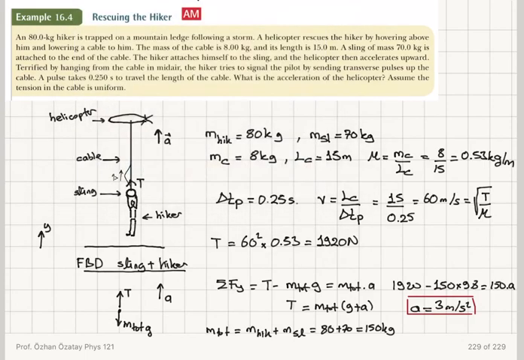So we have to look at where the tension appears. The tension is applied onto the sling and the hiker, so that's why for the total mass we only take the sling and the hiker. The cable mass is irrelevant in this calculation.